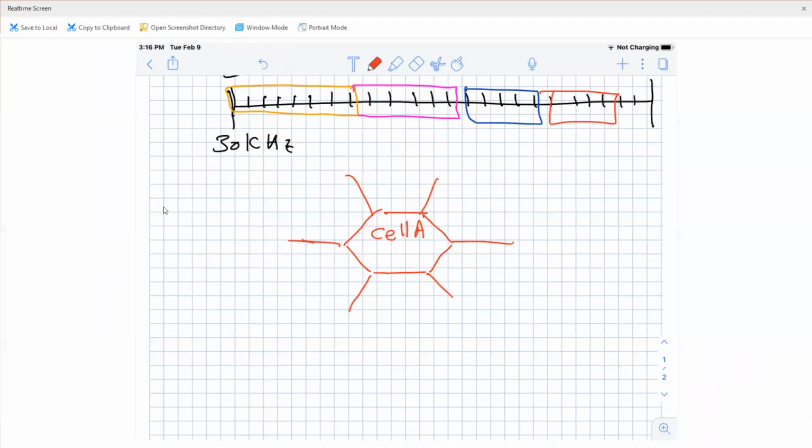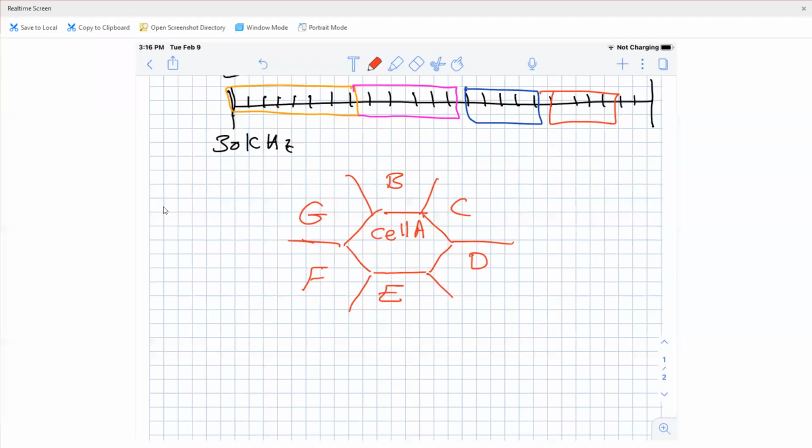How many neighbors do we have? We have 6 neighbors. So this will be A, B, C, D, E, F, and G. Now we have cell A, cell B, cell C, cell D, E, F, and G.